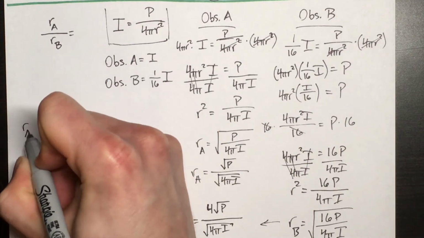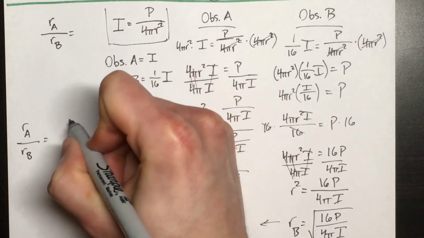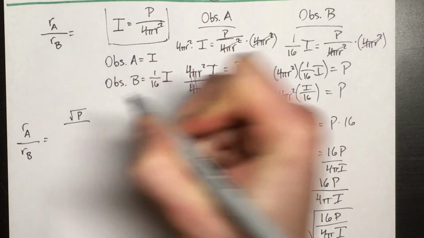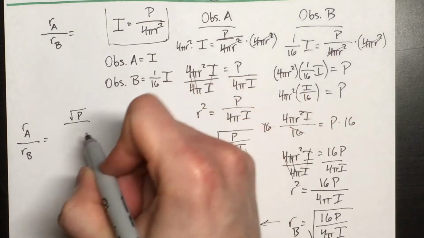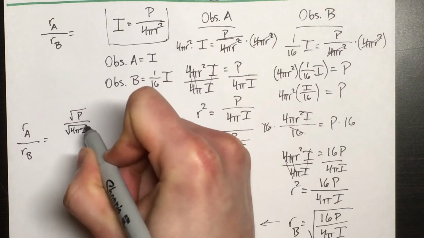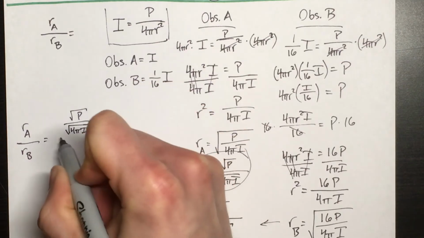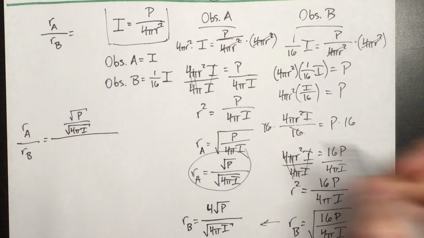So RA over RB is equal to square root of p over square root of 4 pi I. I know this looks disgusting, but just bear with me for a little bit. We're about to get a lot of satisfying cancellation.